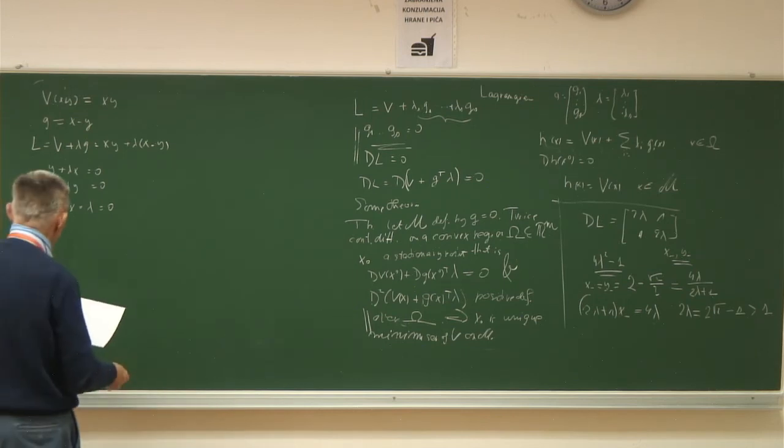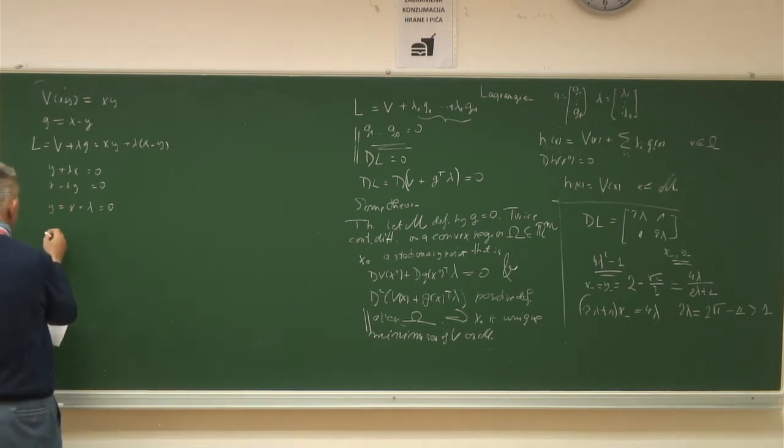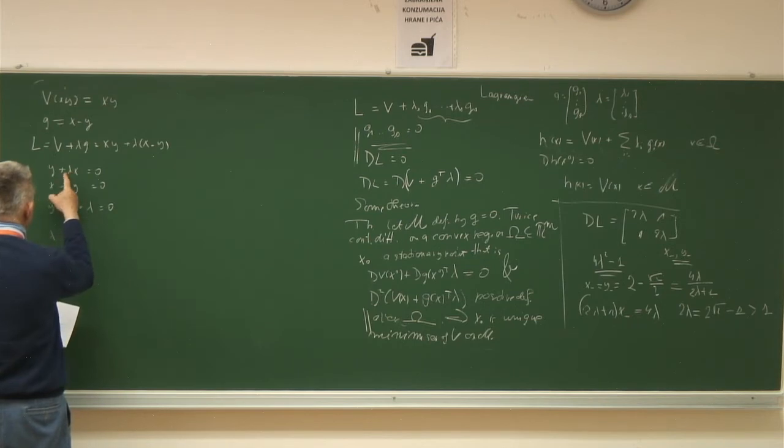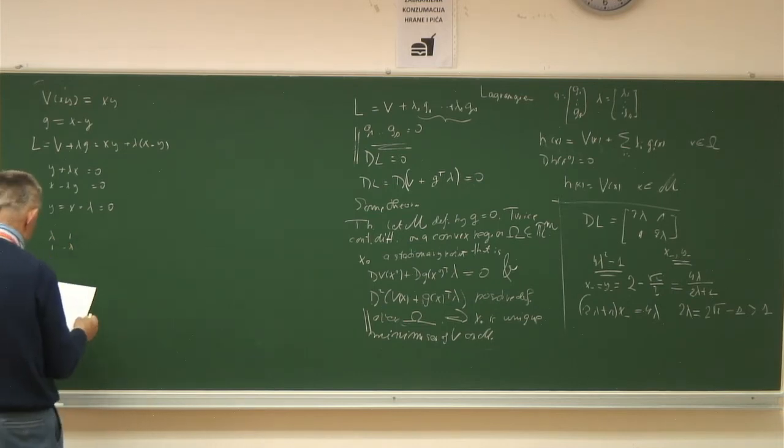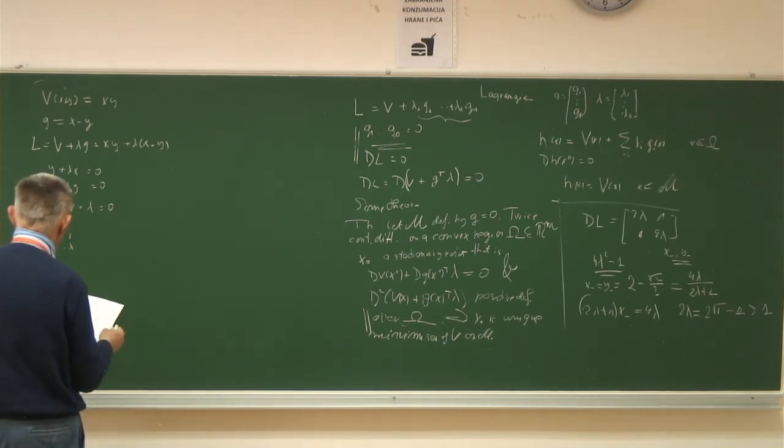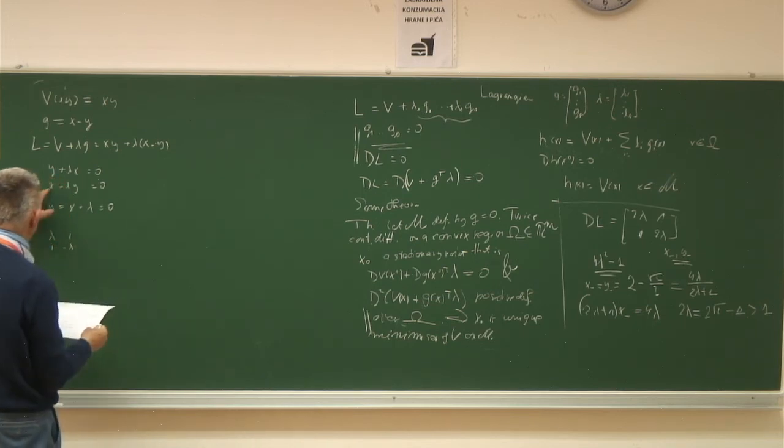Well, but now the second derivative is the matrix with entries λ, 1, 1, and 1 minus λ.